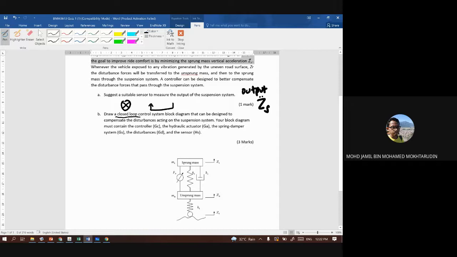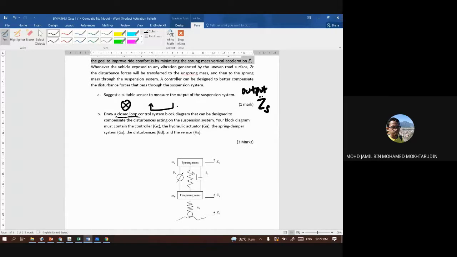If you forgot to draw the summing junction, you might lose marks for your quiz number 1. If you draw without the closed loop feedback, you might lose marks as well. Or even if you draw something else, like in your project.